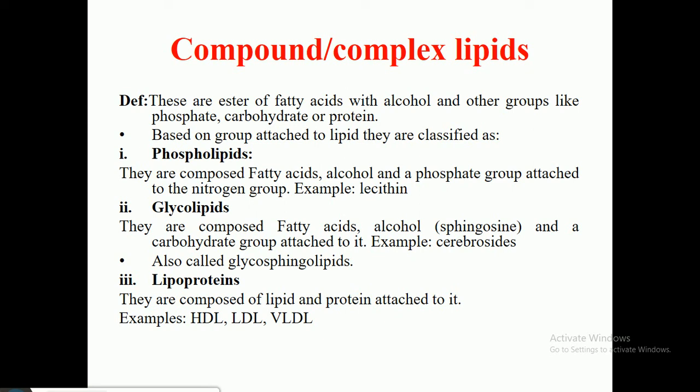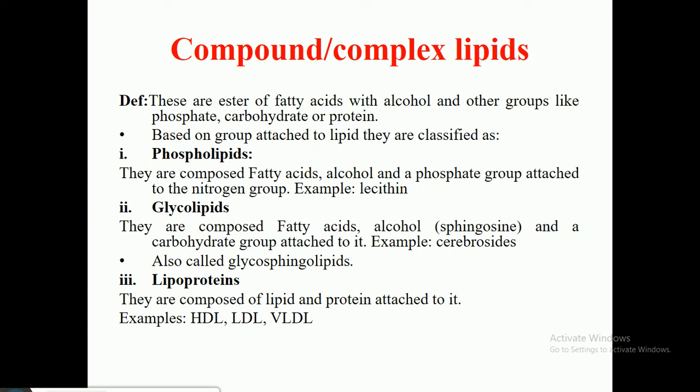Now what is phospholipid? Phospholipid can be defined as a lipid composed of fatty acid, alcohol and a phosphate group attached to a nitrogen group. For example, lecithin is the best example of phospholipids.